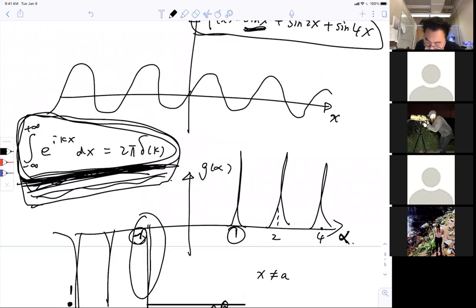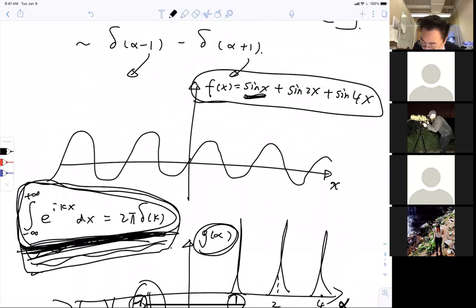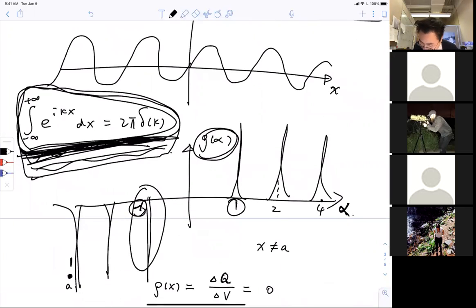So this Fourier transformation just picks out the frequency. If you replace this x with t, with time, then this 1, 2, 4 is just a frequency, and this alpha is a frequency.